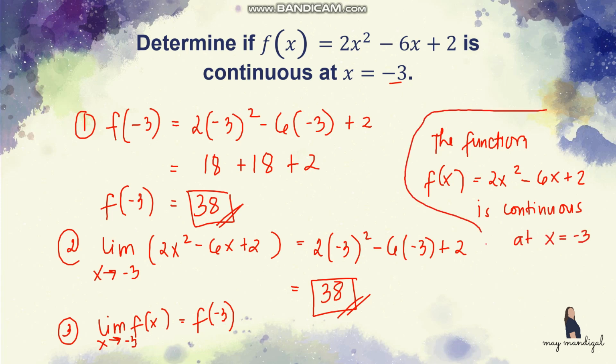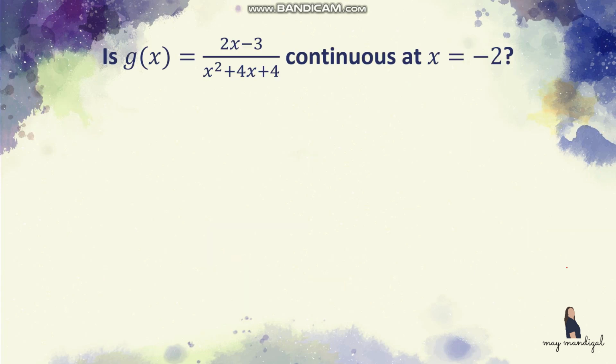So this will be our conclusion. Again, we can say that the function is continuous because after solving for f of c and the limit of f of x, we're able to see that they have the same value. So it is continuous at the given point x equals negative 3.